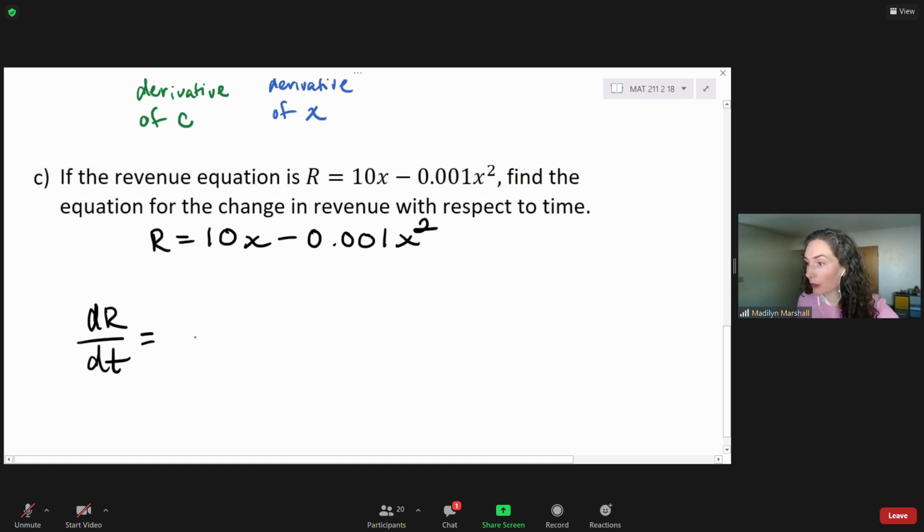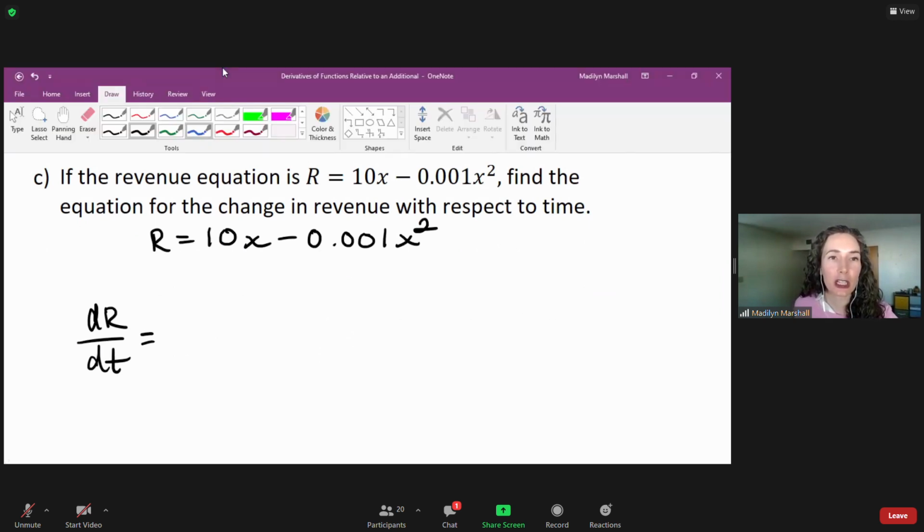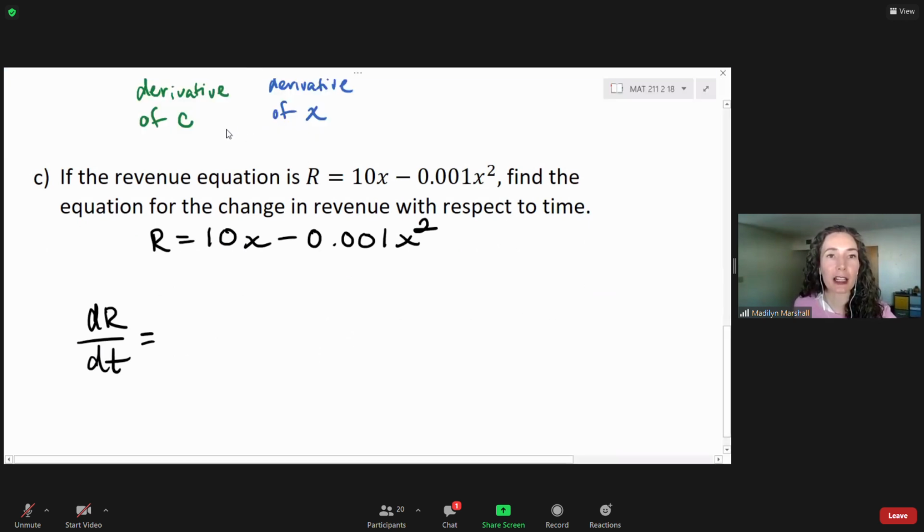So this revenue equation is a sum of things, which the cost were also, but they had a constant in them. So for this revenue equation, we have a 10x minus 0.001x squared. So we have to go through each term here and do the derivative of each term.